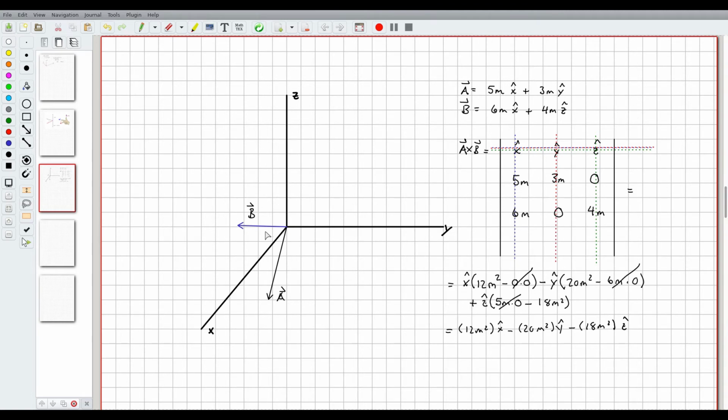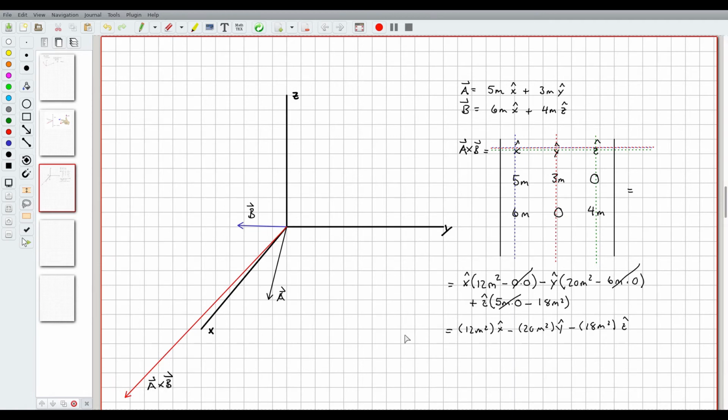So were we to draw A cross B, it would be way down the x-axis, way down the minus y-axis, and way down the z-axis, giving us a vector that would point approximately in this direction right here. This right here would be A cross B.